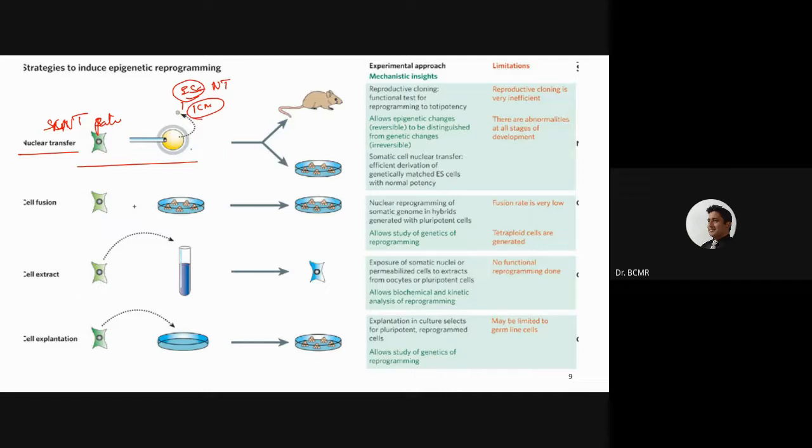But as we have discussed, SCNT is not a very efficient method, in the sense that the success rate is somewhere below 1% or so. And then the supply of eggs is a problem. Then there are ethical issues because people will be offended that we are using human embryos and human eggs and so on.